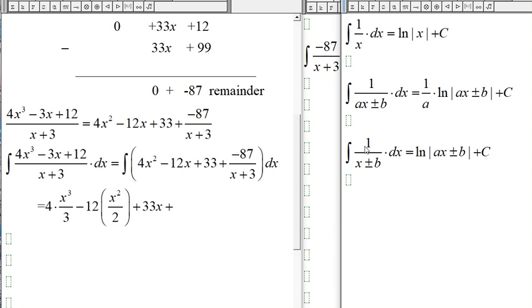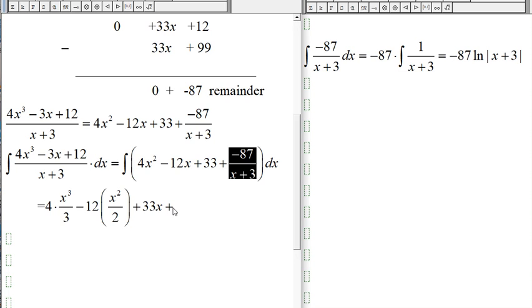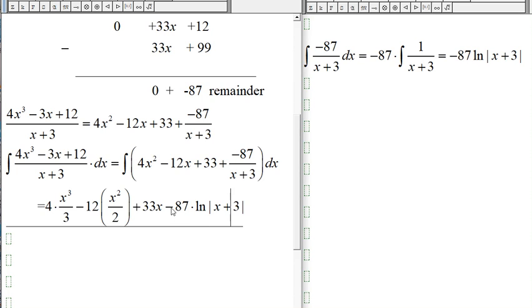So the antiderivative of 1 over x plus or minus b is just the natural log of x plus or minus b. Here we have 1 over x plus 3, so the antiderivative is ln of x plus 3. And so this last part is negative 87 times the natural log of x plus 3. So this is the answer.